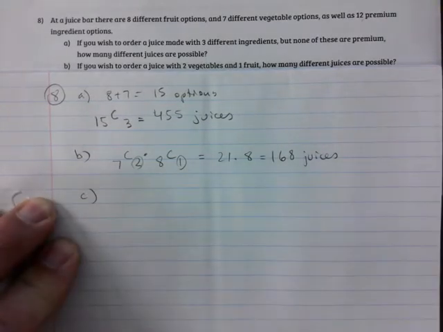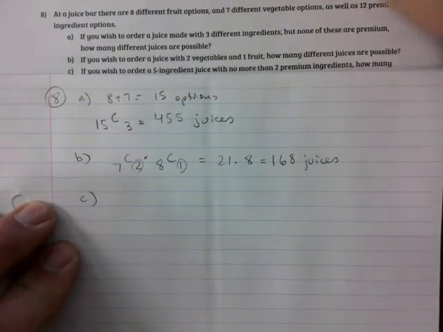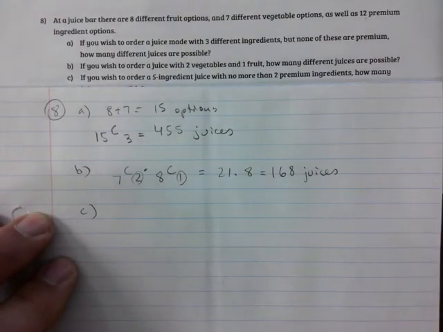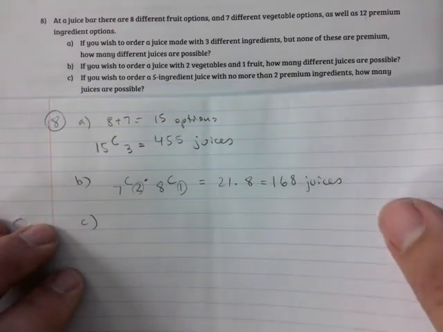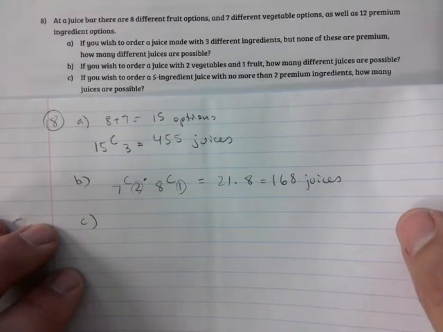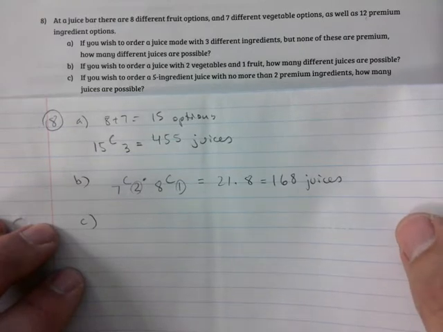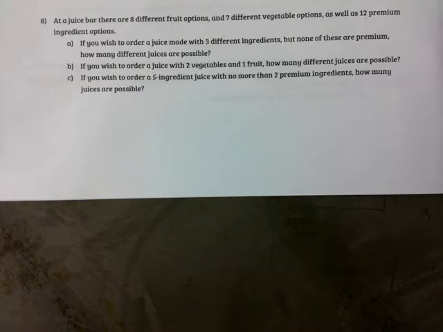Okay. C, if you wish to order a 5-ingredient juice with no more than 2 premium ingredients, how many juices are possible? You're not going to like this one, right? On a test, you're going to skip this one. I'm going to come back to it. No, don't do it. Don't skip it. You can do it. Just lay it out.